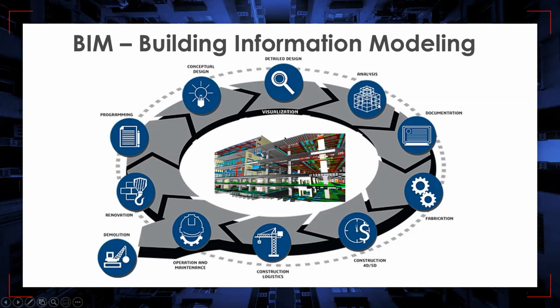For instance, we can do structural analysis using the existing BIM model; we do not have to create a separate structural model. And for documentation, the BIM model is not actually a 3D model. It is a smart model, with information inputted in it.